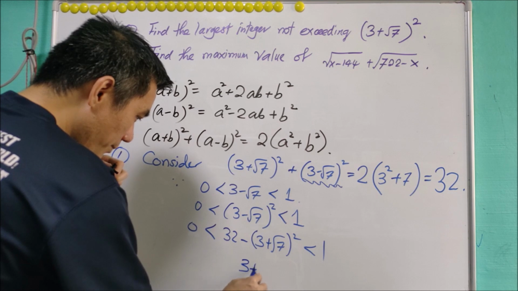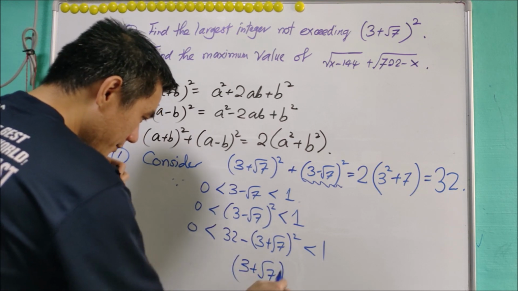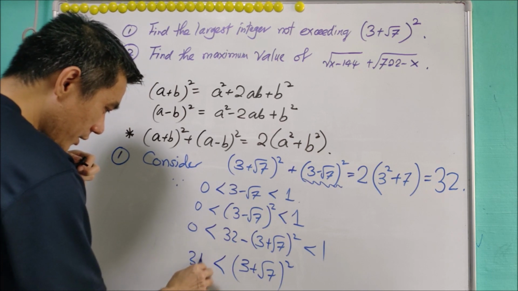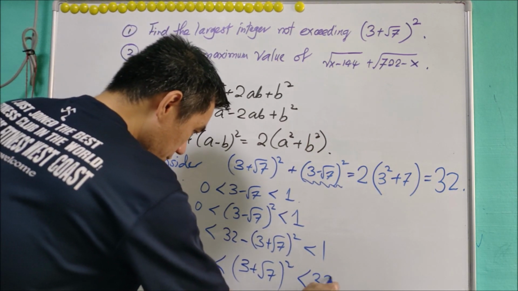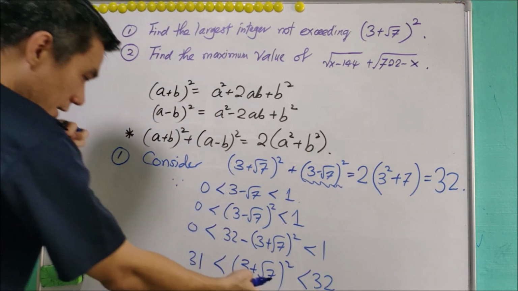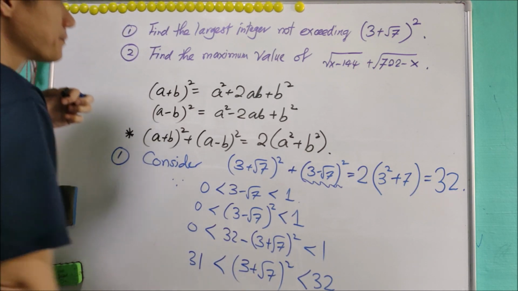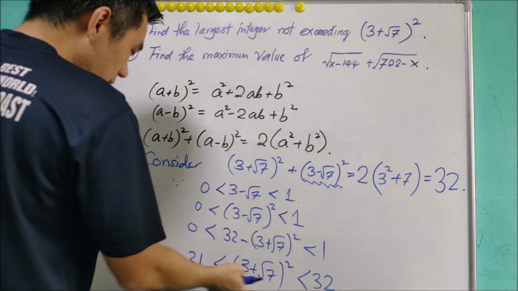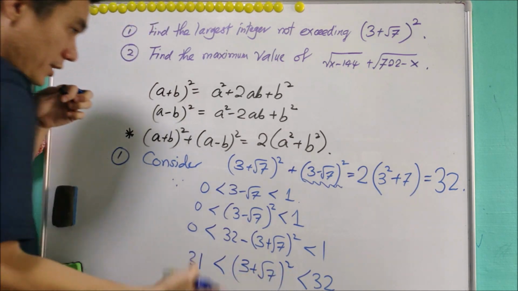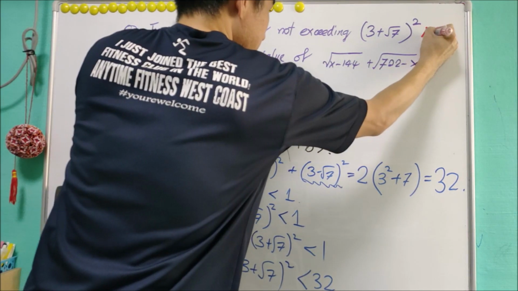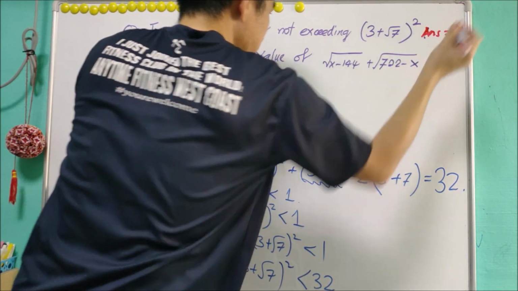So we know that the square of 3 plus square root of 7 will be in between 31 and 32. So this value will be 31 point something. The largest integer not exceeding 31 point something will be equal to 31. And therefore the answer for this is 31.